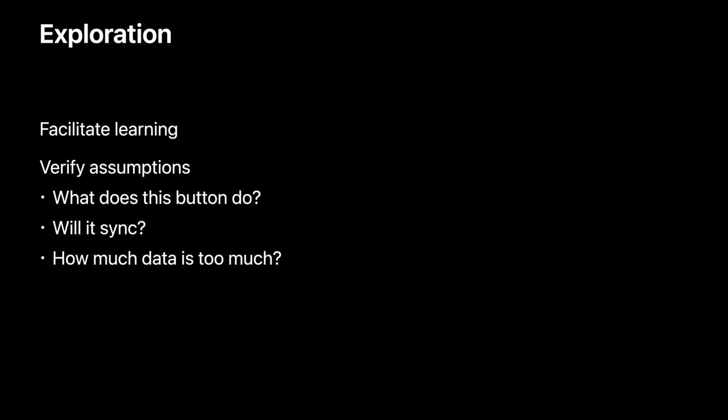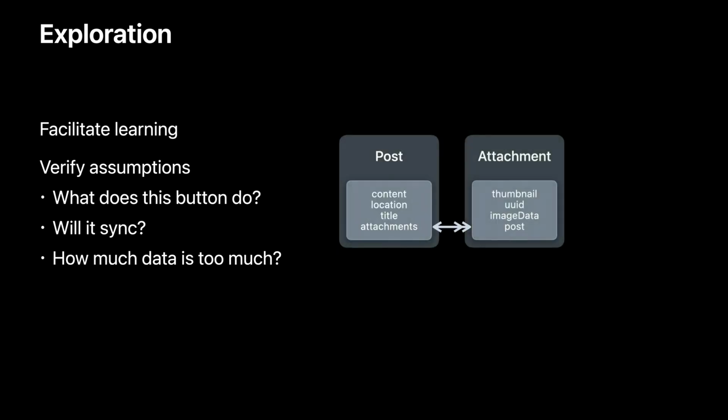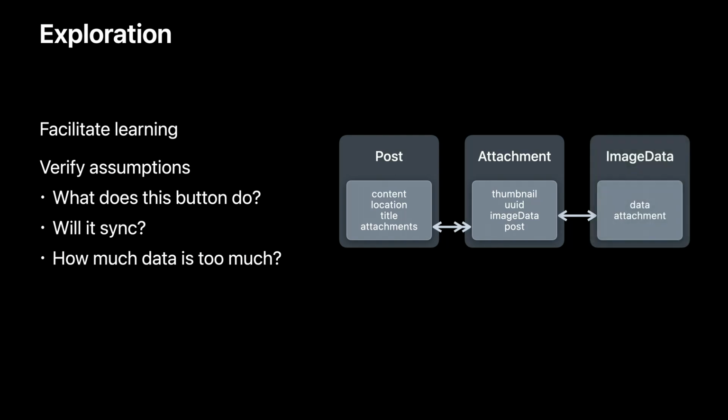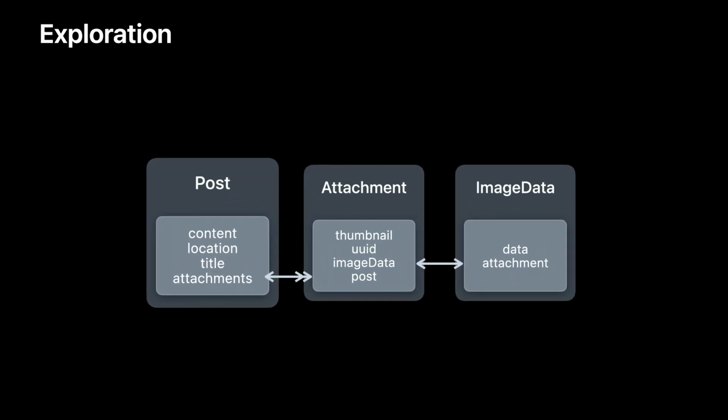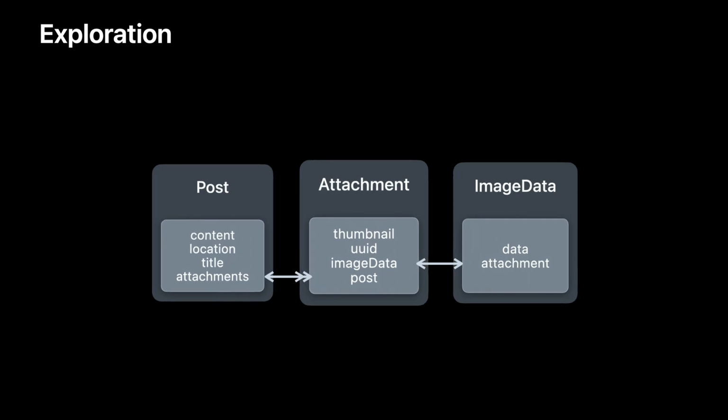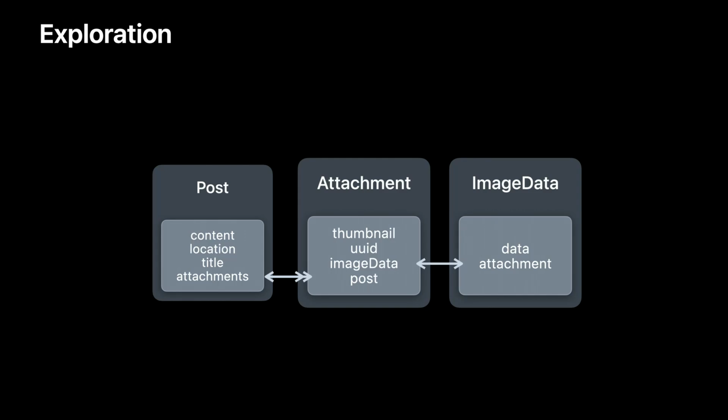From Core Data's perspective, all of those questions are influenced by the data an application works with. For example, the Core Data CloudKit sample application uses this data model. It manages a set of posts, which have some text fields for a title and content. Posts can be related to attachments, generally images, which can be quite large.